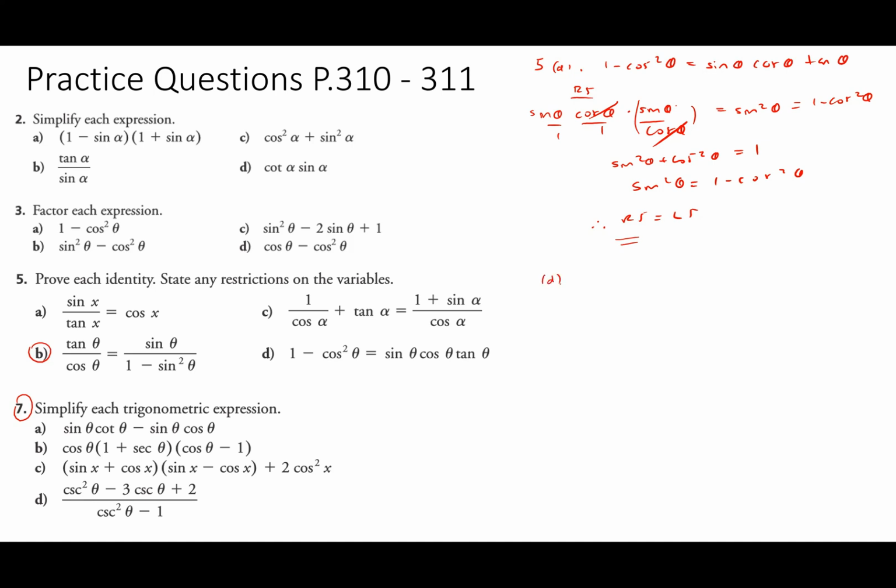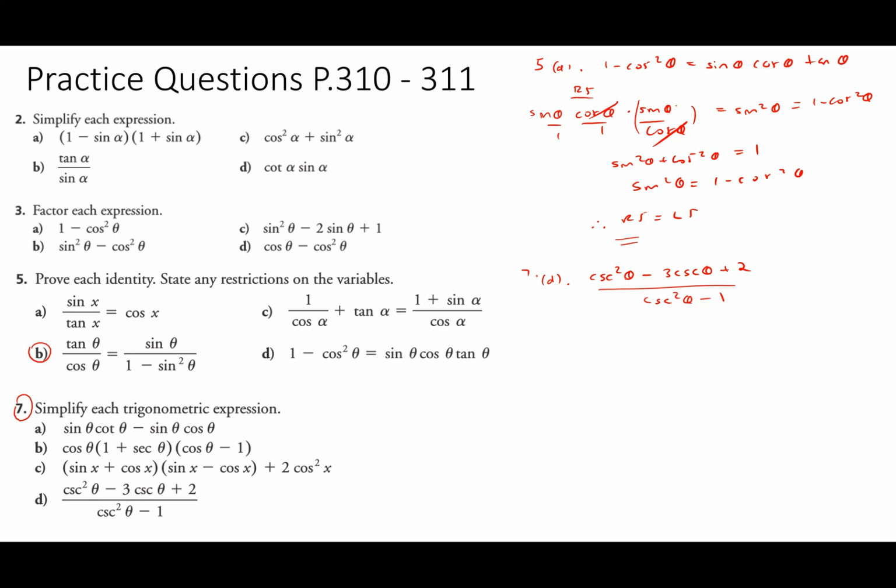So in 7D, we have cosecant squared theta minus 3 cosecant theta plus 2, over cosecant squared theta minus 1. Now this one is a little challenging because you can notice that it has a square term, a term with the power of 1, and a constant, right? You can actually view this as a quadratic if you do a substitution.